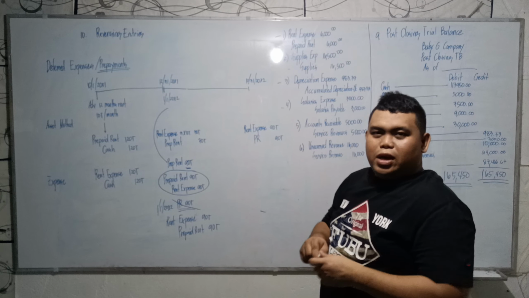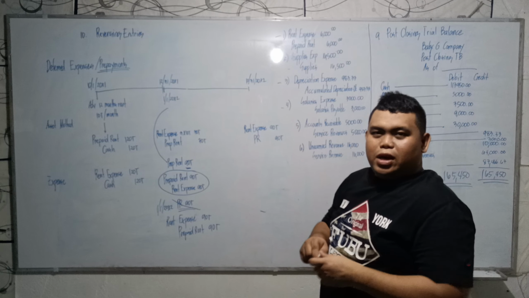For example, if a customer has paid you for 18 months in advance for your services, and it paid, for simplicity, 180,000, and today is October 1, 20X1.